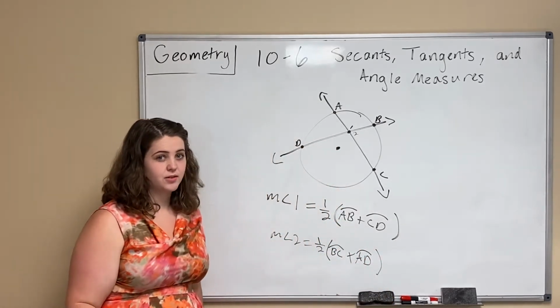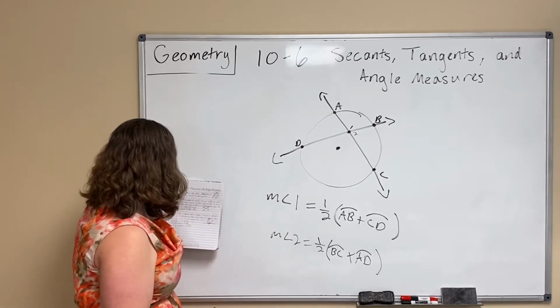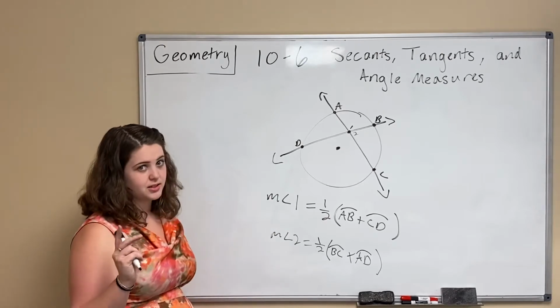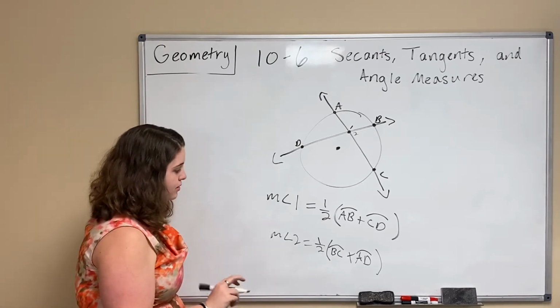Hopefully that's pretty straightforward and you can plug it in. So that's if we have two secants and they're intersecting in the middle of a circle.